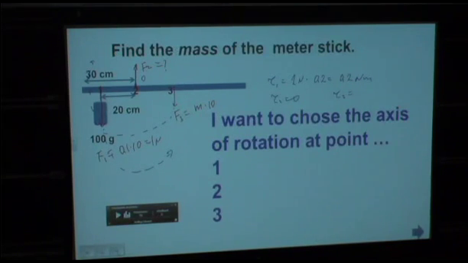Torque number 3 equals, so it has to be negative. It should be equal to force, which is m times g, times this distance now. So distance also changes. It's not 0.4 anymore. That's going to be 0.2.